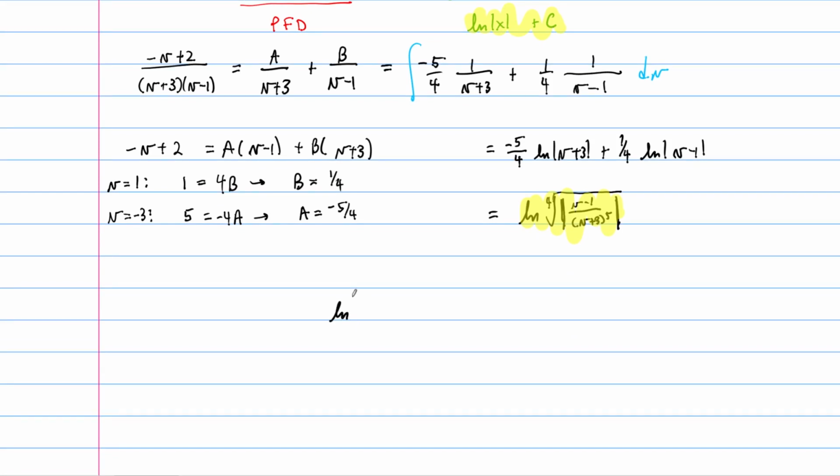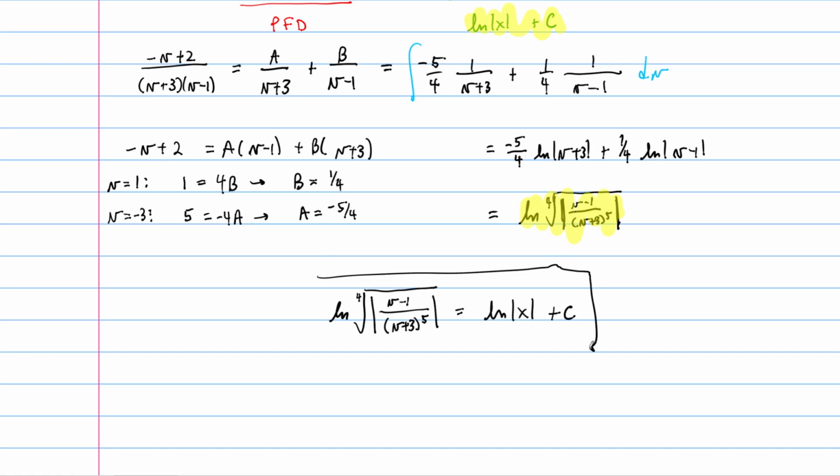If you want it, you could have just left it as this, honestly. But if you want it as a single log, then it's going to be the natural log of the 4th root of the absolute value of this ratio, (v minus 1) over (v plus 3) to the 5th power, equals, on this side, natural log absolute value of x plus c. So there's our implicit solution.